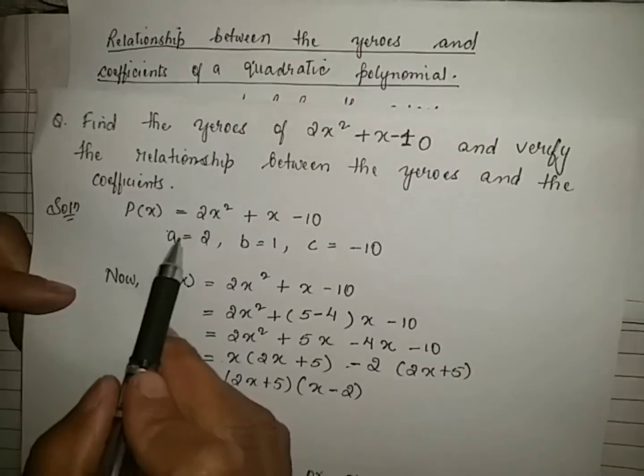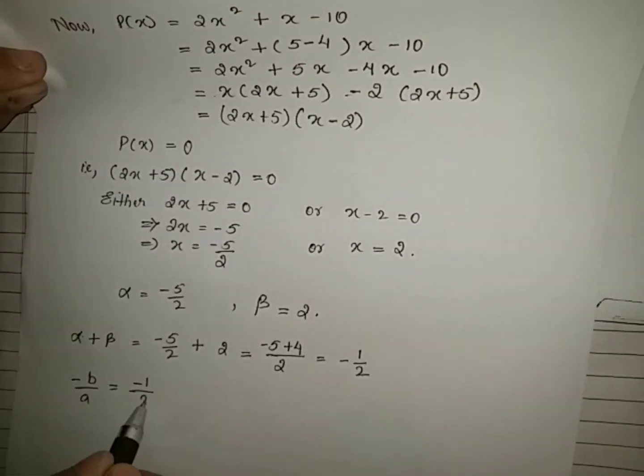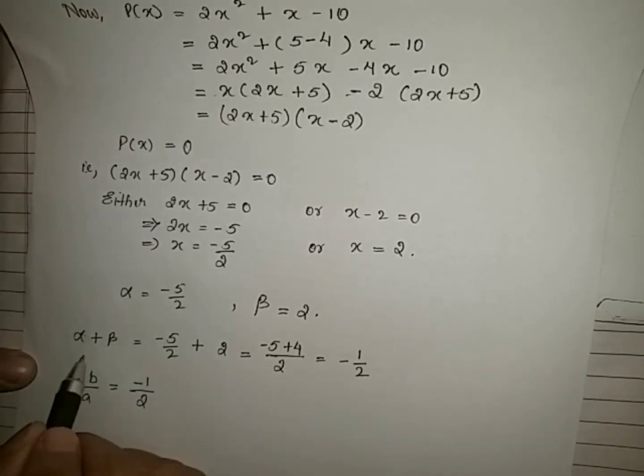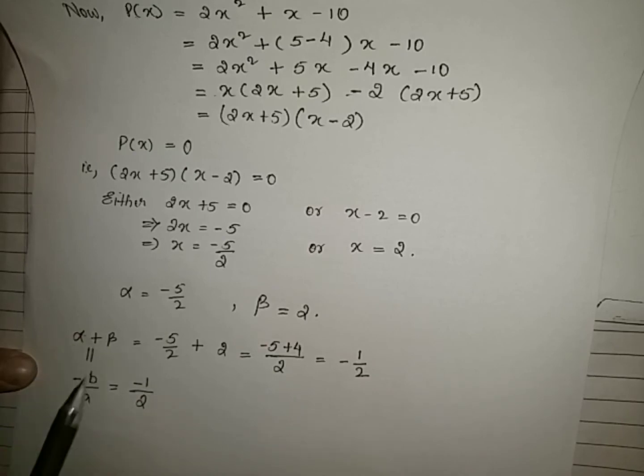What is our a? Our a is 2. So alpha plus beta, which is the sum of the zeros, is equal to minus b by a. This one is verified.